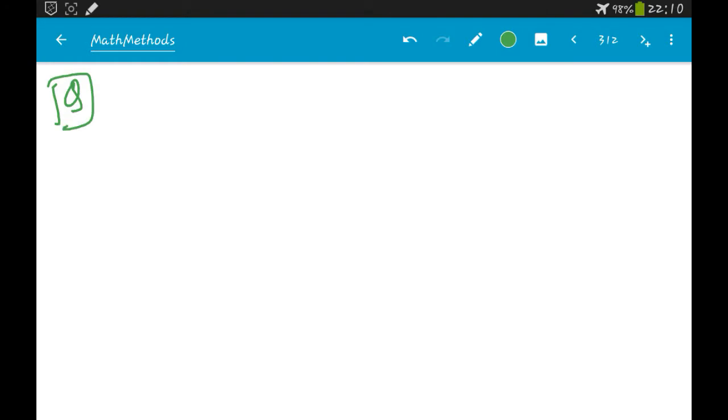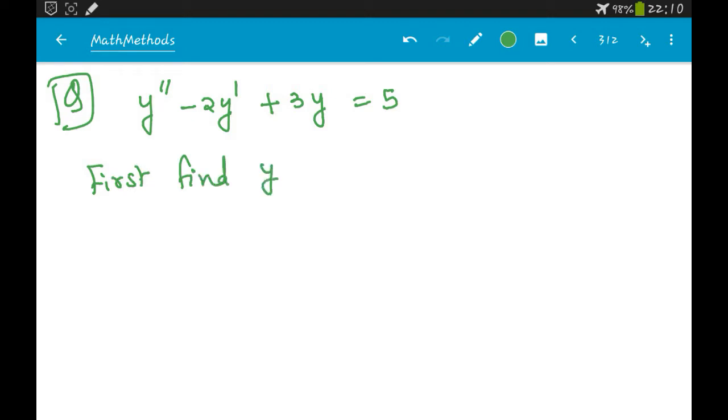So you need to find the solution for y where it is given that y double dash minus 2y dash plus 3y is equal to 5. So first you need to find yg. And how will you find yg? Yg you will find by solving this equation equal to 0.